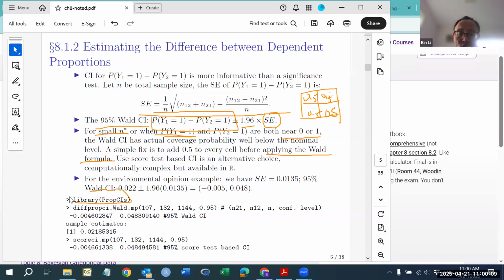So if you want to find these two confidence intervals, just download and install the library PropCIs, and then use the functions diffpropci.wald.mp and scoreci.mp. These two functions give you the Wald confidence interval and the score test-based confidence interval.